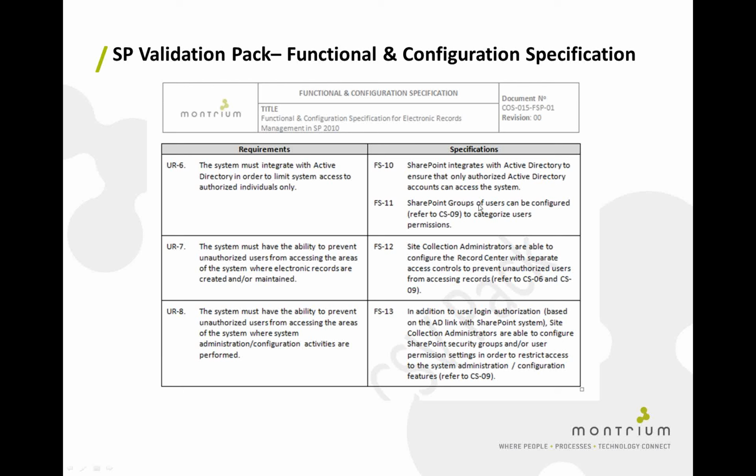And then SharePoint groups of users can be configured to categorize user permissions. And then we make a cross-reference to CS09, which is the configuration specification, which gives us the steps that we need to follow to be able to actually configure the user permissions within SharePoint. So this allows us to map our user requirements to system functionality.